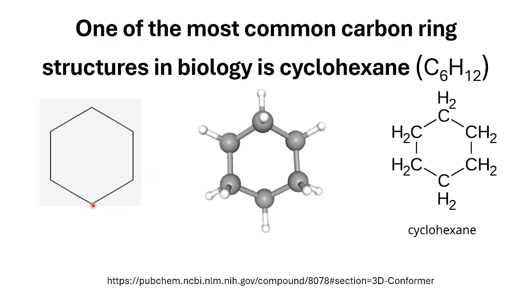Each of these points has a single carbon that's attached to it. And because each carbon is attached to 2 other carbons, it means that there are only 2 hydrogens. And if you're interested in seeing the shape here, you can take a look at the molecule on PubChem, but we're going to take a look right now as well.